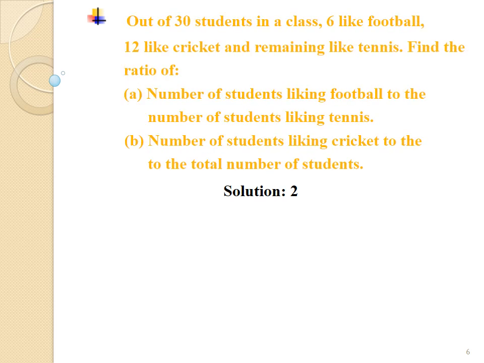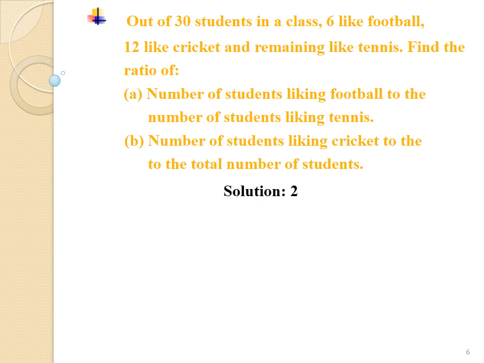Students, in this question, we have to find out two ratios. They are number of students liking football to the number of students liking tennis and number of students liking cricket to the total number of students.